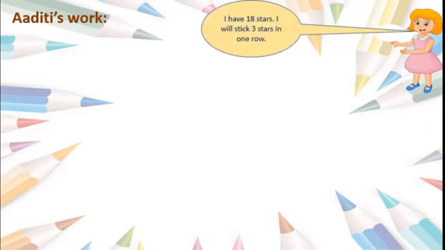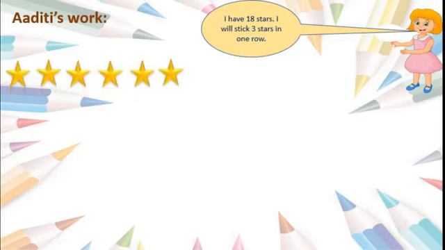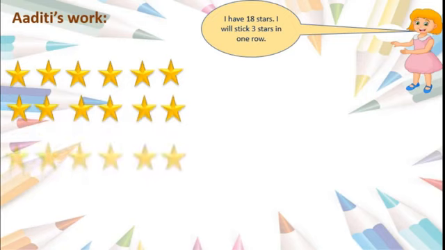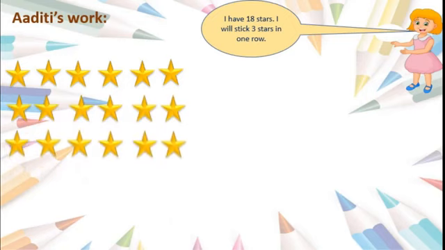This is Aditi. What she is telling? I have 18 stars. I will stick 3 stars in a row. We will see how she will stick the stars. These are 18 stars given by the teacher and Aditi will stick 3 stars in one row. We will see.